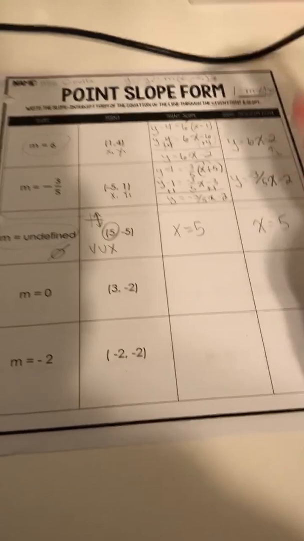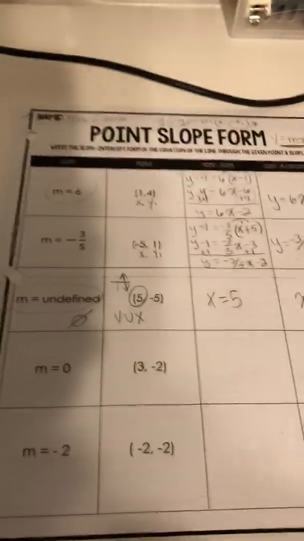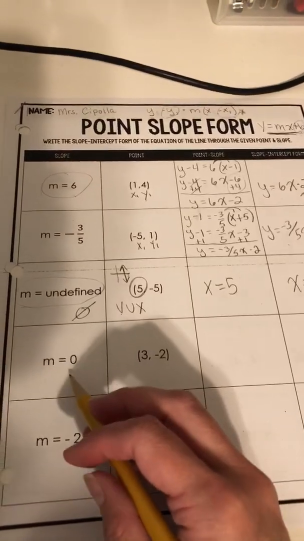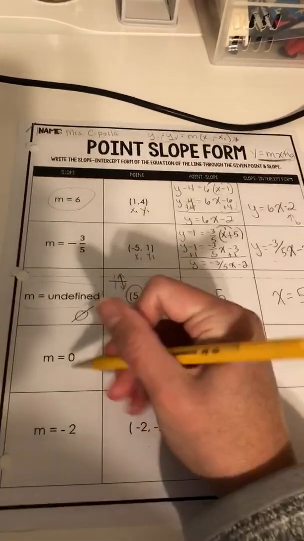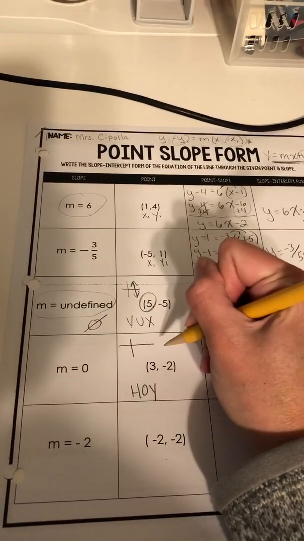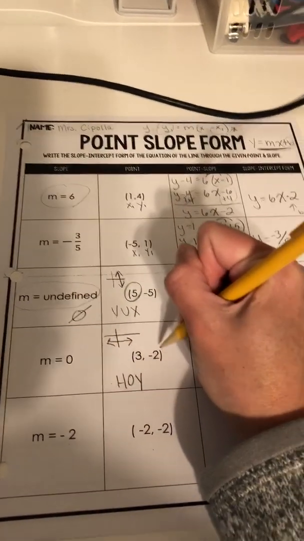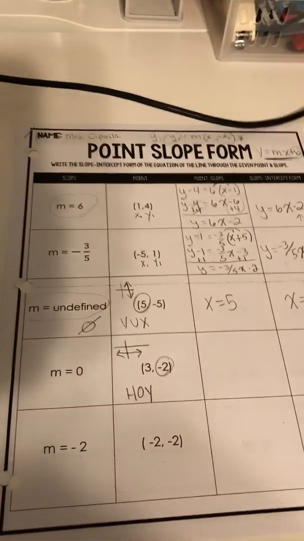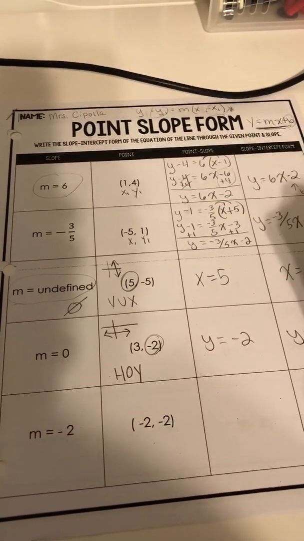Okay, so we can't write it as y equals mx plus b, we just write x equals 5. This is a similar situation here, only this is the HOY type. So we have our slope is 0. This is going to be a horizontal line at negative 2. How did I know it was at negative 2? Because y is negative 2. So my equation here is just y equals negative 2.